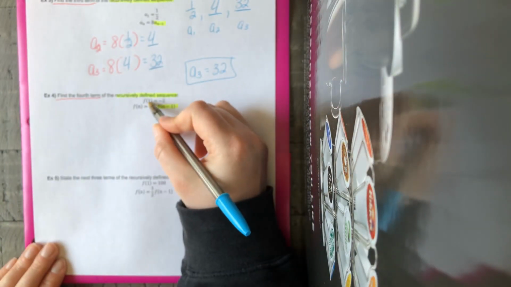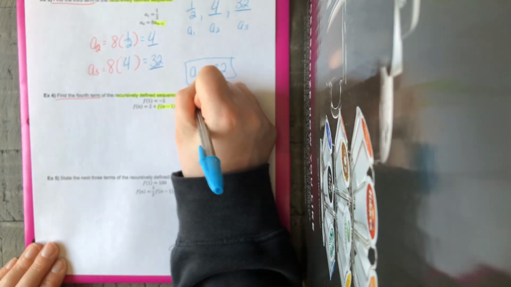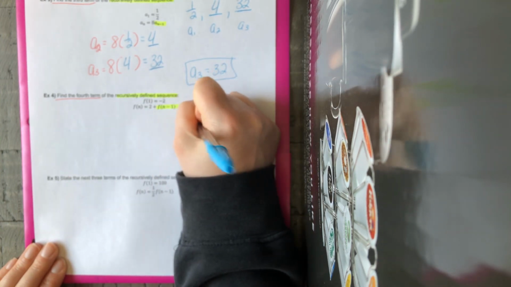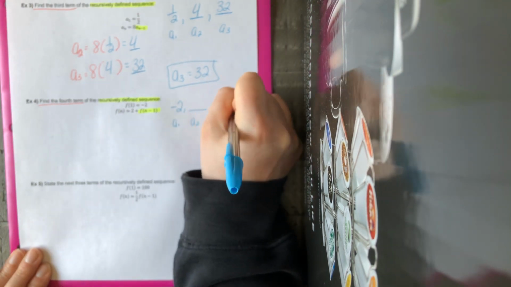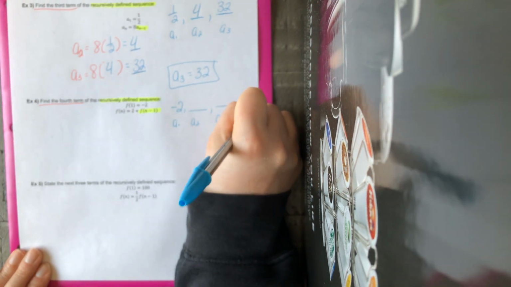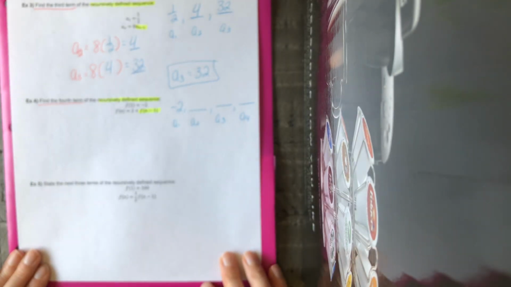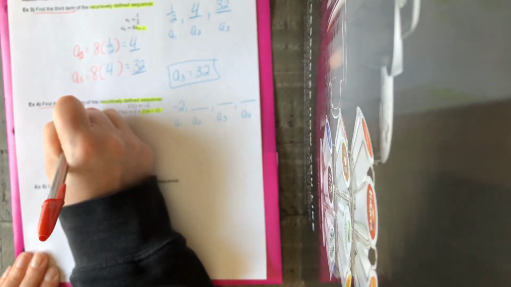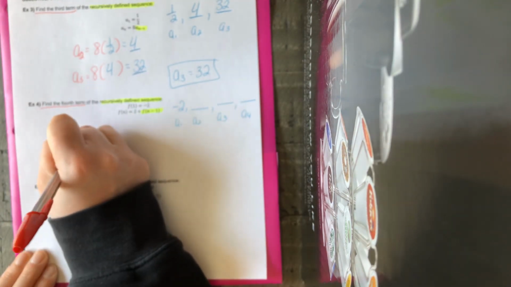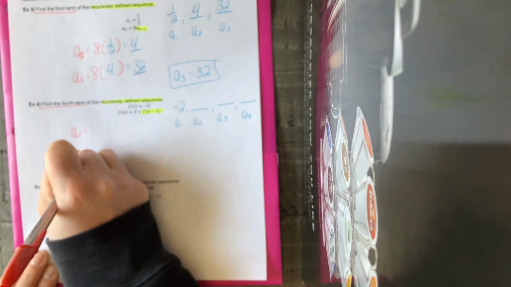And if I want to find the fourth term, that means I have to use the first term, which is -2, and then find the second, the third, to then get the fourth. So again, I have to find the second term, the third term, and the fourth term.